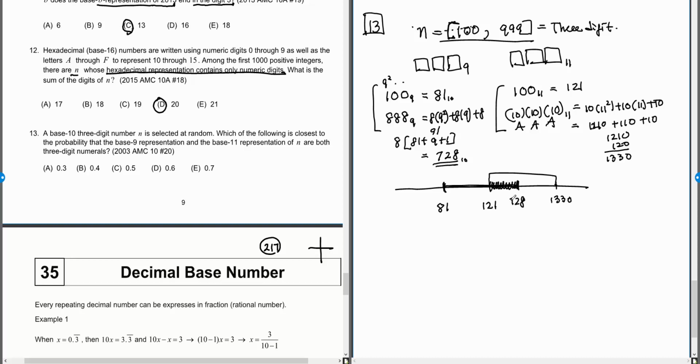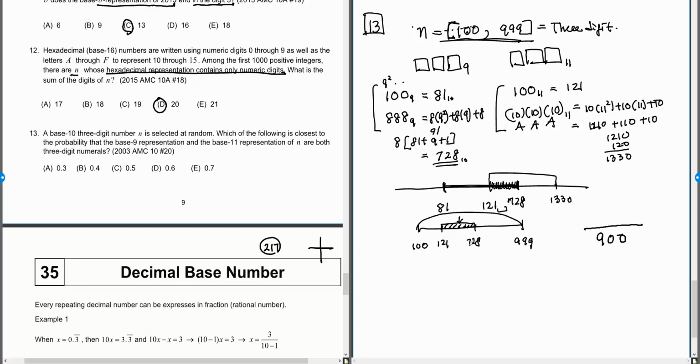121 to 728. But what is the probability when you choose a number in this range? I'm going to write another one. We have 100 to 999, but the numbers that belong here are 121 to 728. The probability of choosing this number out of the whole thing: how many numbers are there? 999 minus 99 is 900 3-digit numbers.